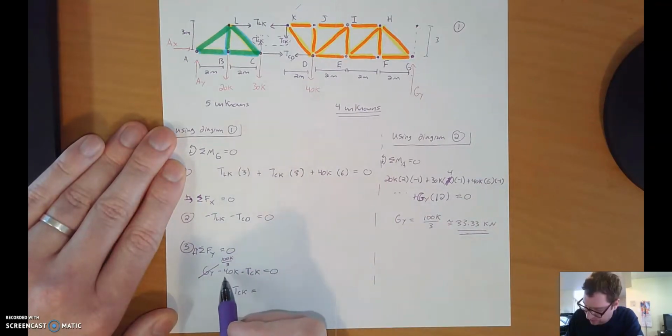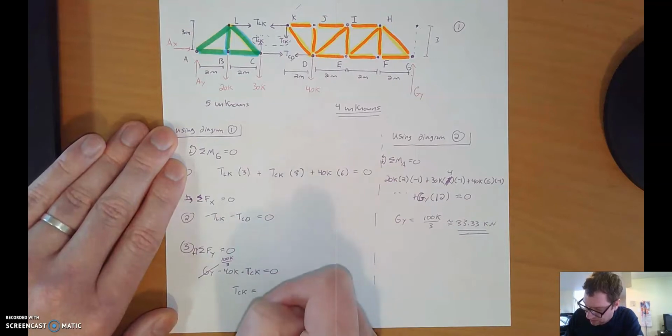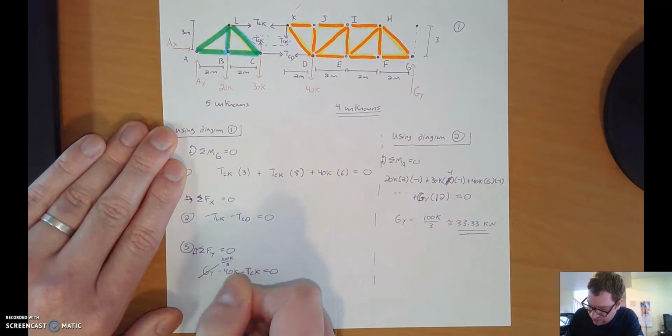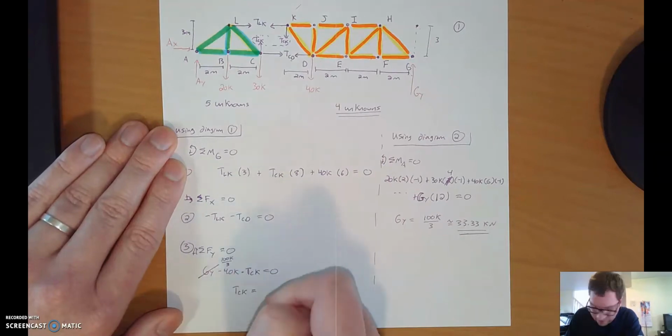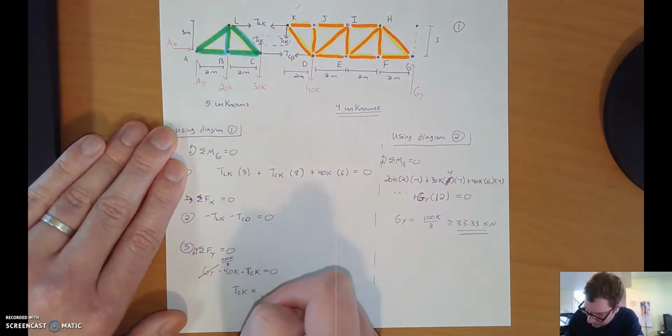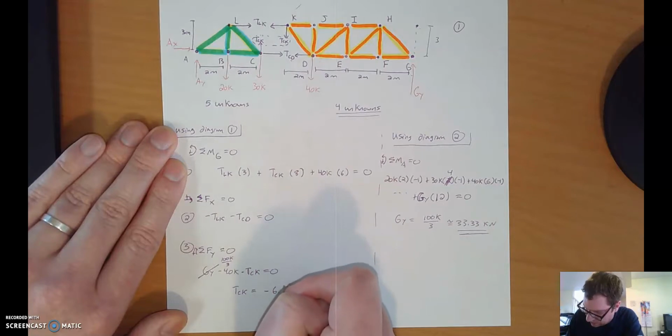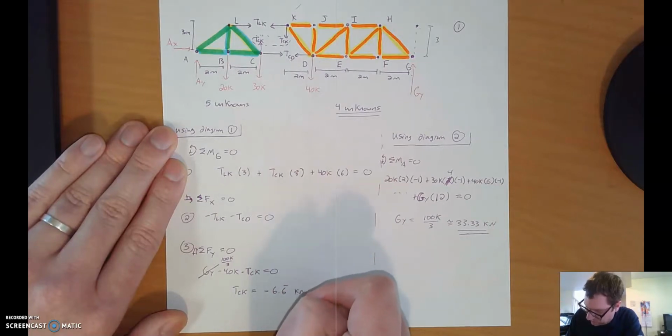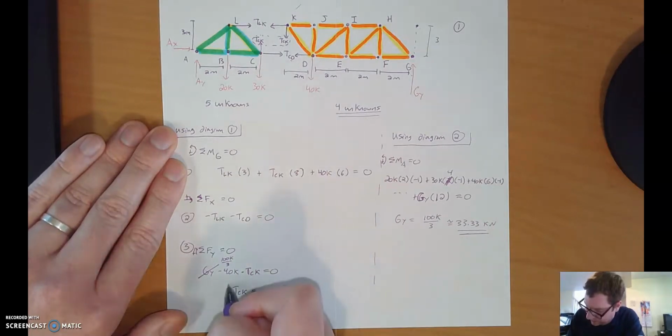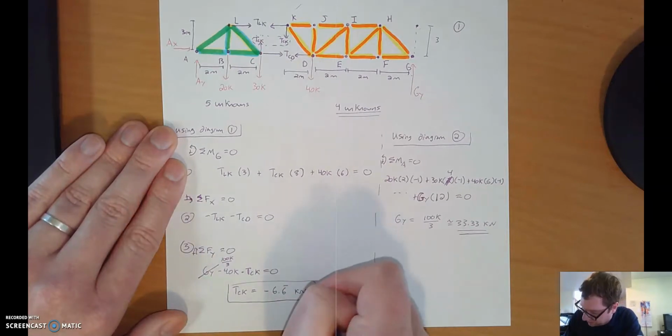So this is like 33, and we have a negative 40 here, so we're going to end up with a negative number. We're going to end up with negative 6.6 repeating kilonewtons for TCK. So again, that's assuming tension.